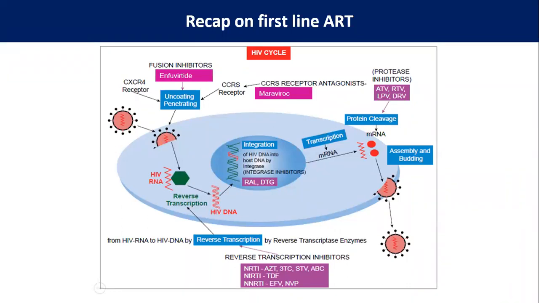Now, there are different ARVs developed to block these two receptors. One is enfuvirtide, which is also known as a fusion inhibitor, and it prevents the attachment of the virus with the CXCR4 receptors on the surface of the CD4 cells.